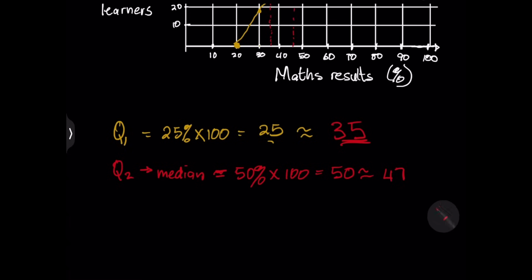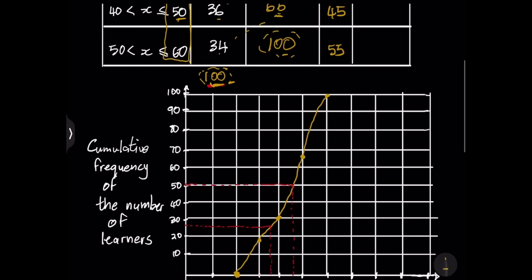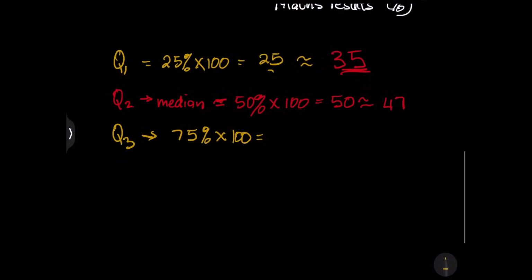By the way, you are given quite a bit of latitude to work around those quartiles, right? And then if I want to find quartile 3, remember quartile 3 is 75%. 75% multiplied by 100. I just took a very round figure there, 100.